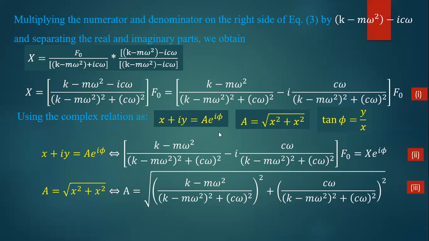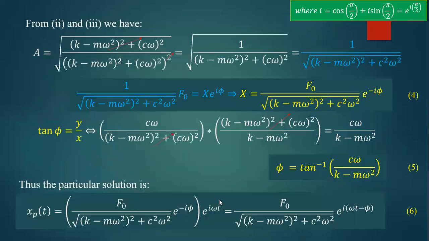So using this complex relation, finally what we can get, we have this equation, okay, directly taken from here, and finally we can get a is equal to 1 over the square root of k minus m omega square the whole square plus c square omega square, that is the amplitude, okay.